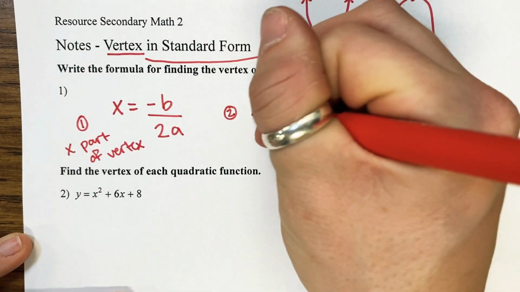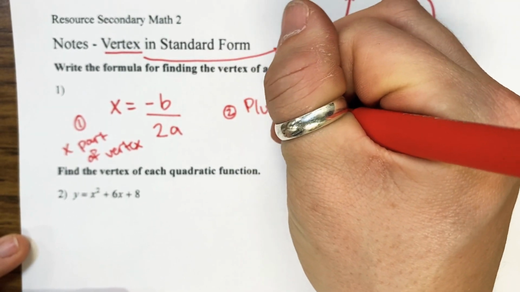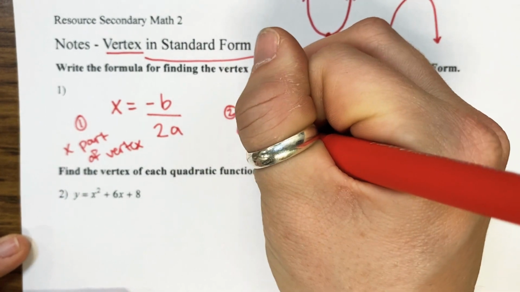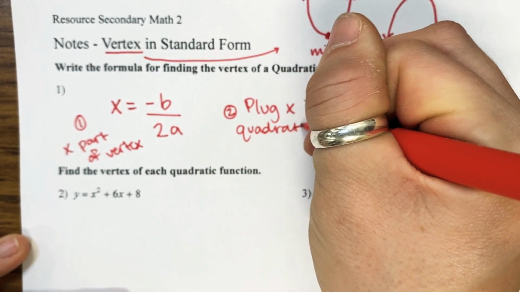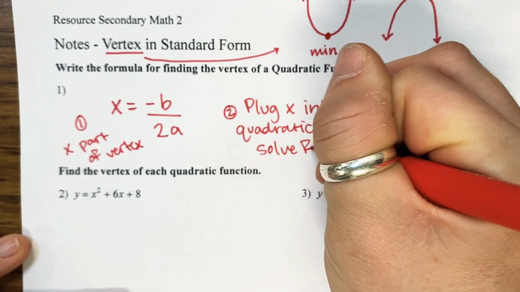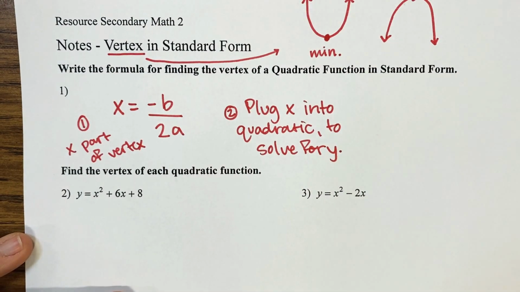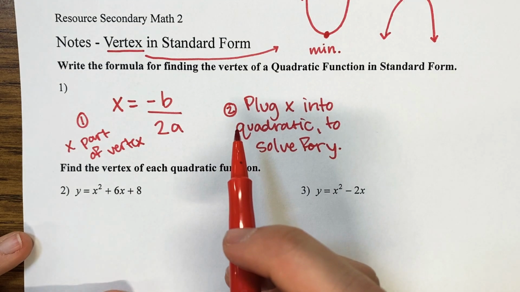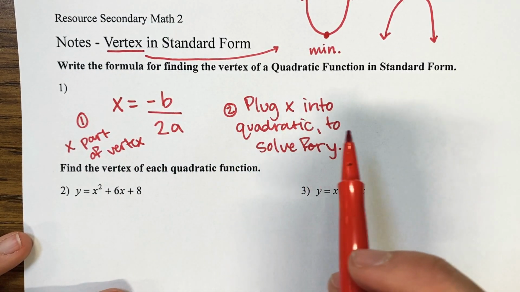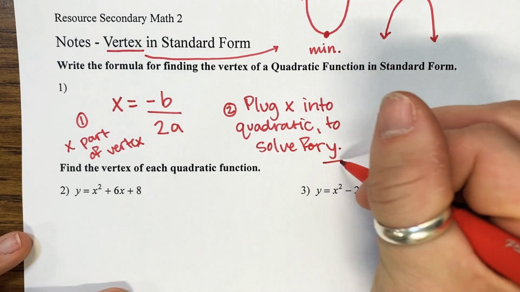Our second step is going to be to plug x into the quadratic to solve for y. Once we've found that x using our mini formula, we can plug it into our quadratic to solve for y.